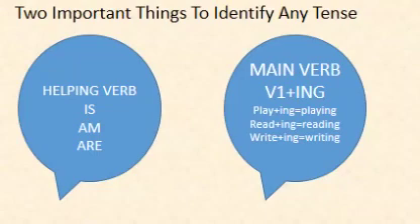In this present continuous tense, the helping verb we will use is is/am/are, and for the main verb we will use the verb's first form, and we will add ing to the verb's first form. For example, play. If we add ing to play, it becomes playing.